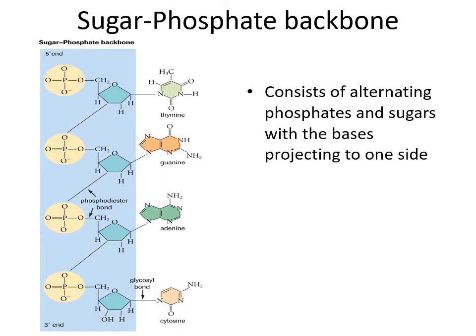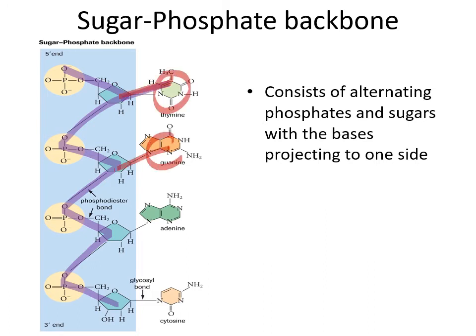So this gives us our sugar phosphate backbone. So we have sugar phosphate, and it's connected to another sugar phosphate, connected to another sugar phosphate, connected to another sugar phosphate. So that is the sugar phosphate backbone of DNA, and that's what is going to start to cause this to spiral in on itself with these nitrogenous bases. Let's get a different color here. Nitrogenous bases sticking out from the sugar phosphate backbone.